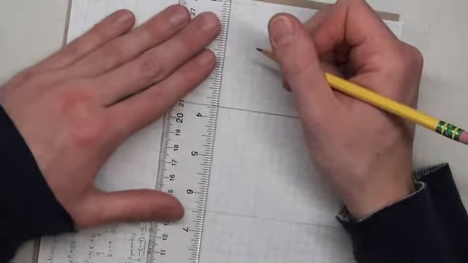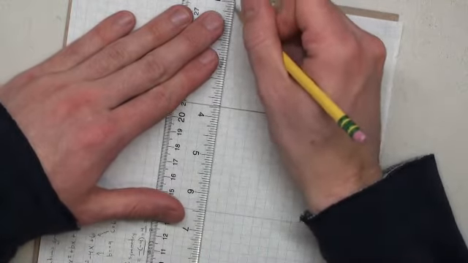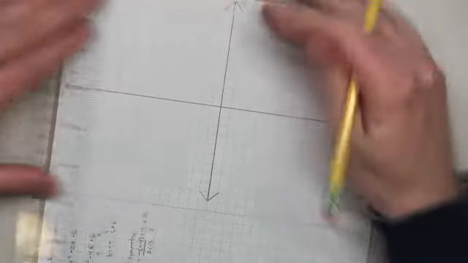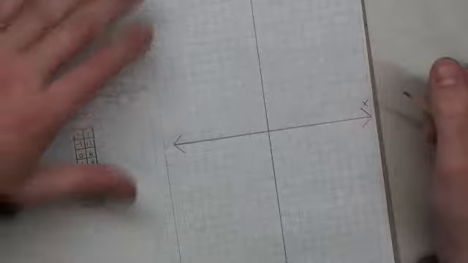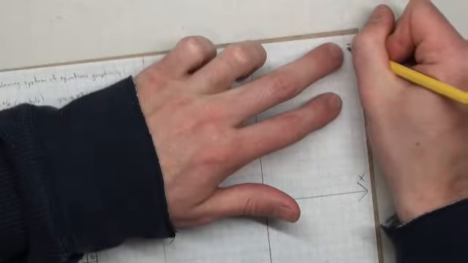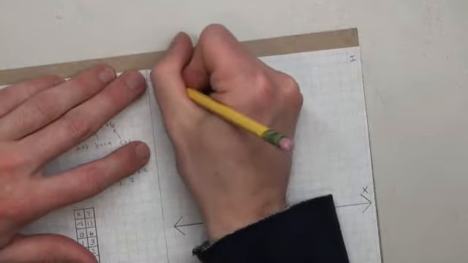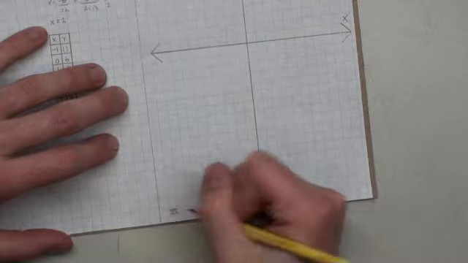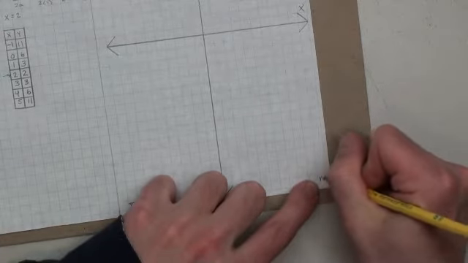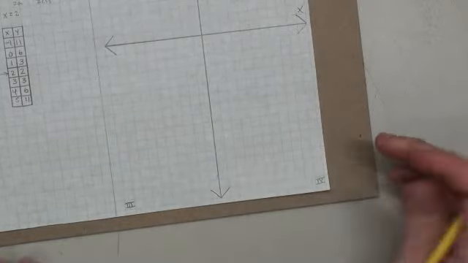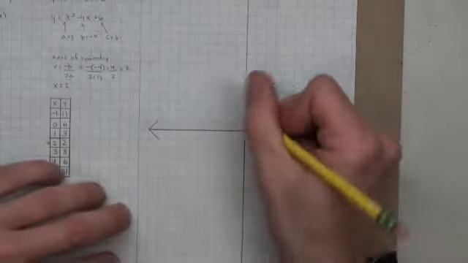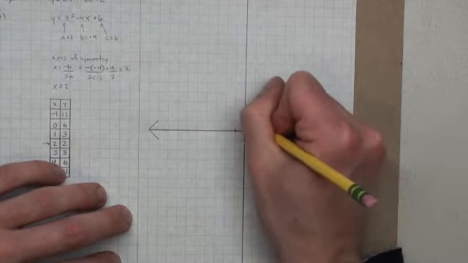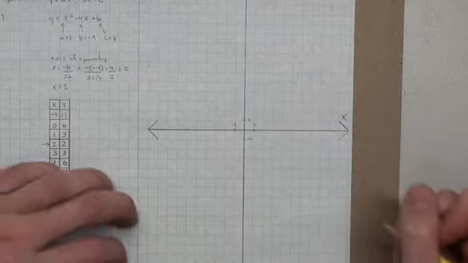Over there. Let's label our quadrants. Upper right's quadrant 1, upper left is quadrant 2, bottom left is quadrant 3, and bottom right is quadrant 4. And we got to show everybody what we're going by on our axes. We're going 1, 1, -1, -1.